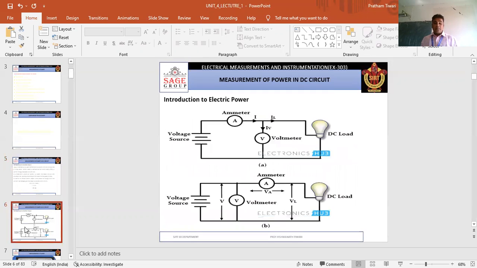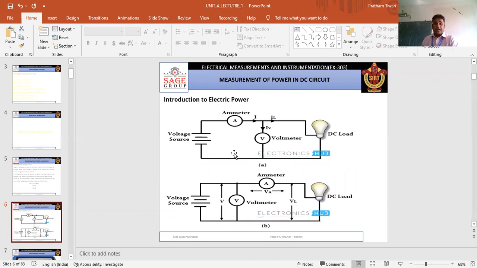Now, how can we measure the power in a DC circuit? We want to measure the power because power is the multiplication of voltage and current. We want to measure both quantities: the voltmeter measures the voltage of the circuit and the ammeter measures the current in the circuit.